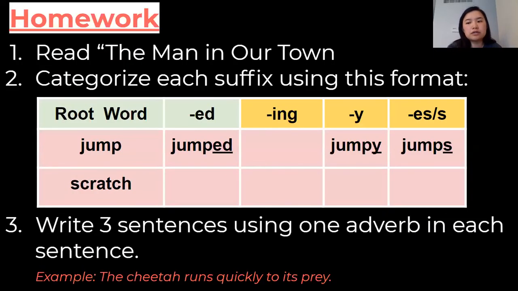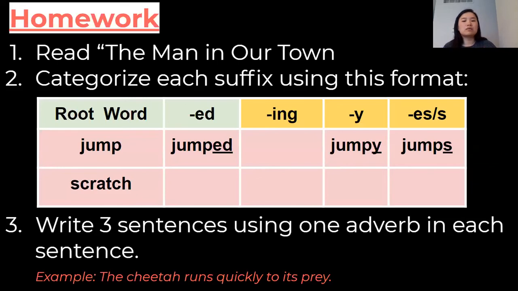All right, here's your homework, class. So what you have here is you're going to read The Man in Our Town. It is on the next slide. You're going to categorize each suffix using this format. Notice how the first row has it mostly filled in for you. This is how I want you to do it. Your chart has it where it's the root word.